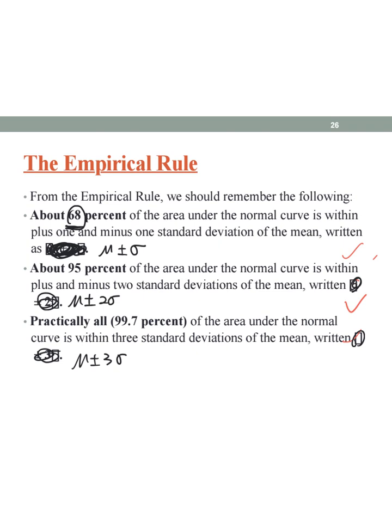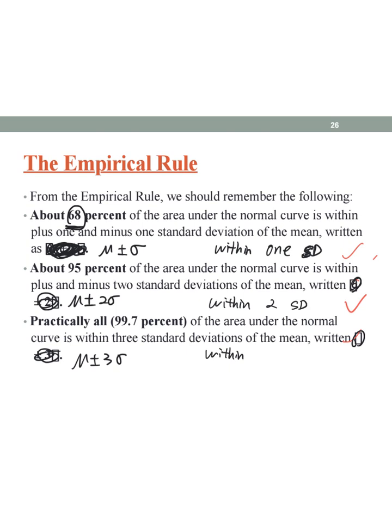And for 68% of observations within 1 standard deviation, I use SD, short for standard deviation. And we have 95% within 2 standard deviations, and 99.7% within 3 standard deviations.